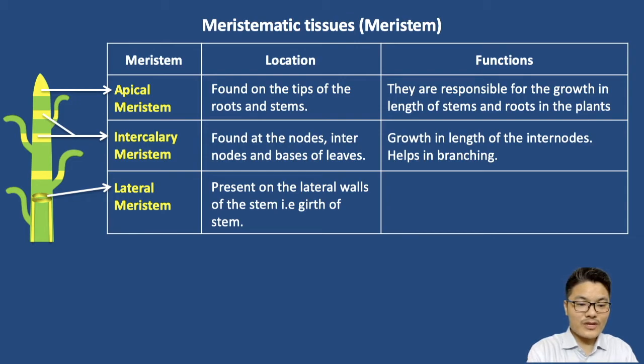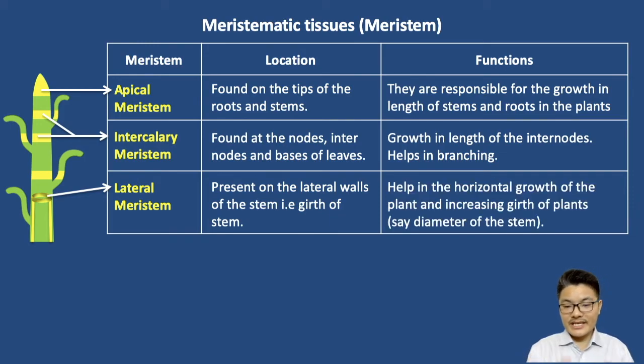So I've shown here with this circular region, and this circular region, which is found throughout the length of the stem, is the region where we find lateral meristem. And lateral meristem is mainly responsible for increasing the diameter of the stem, or increasing the girth of the stem.